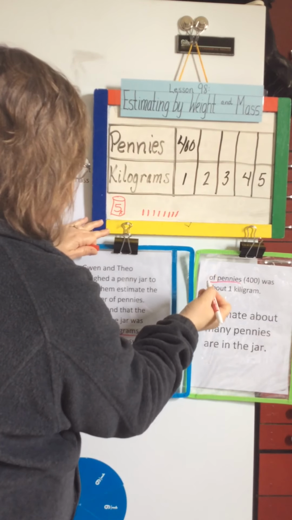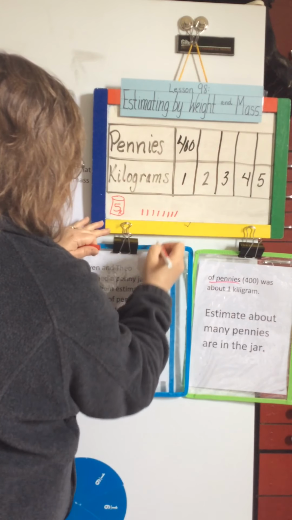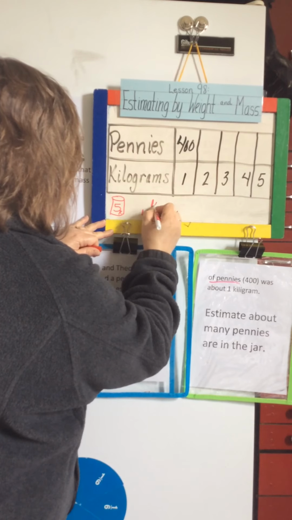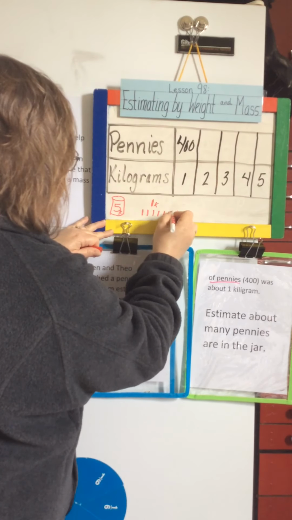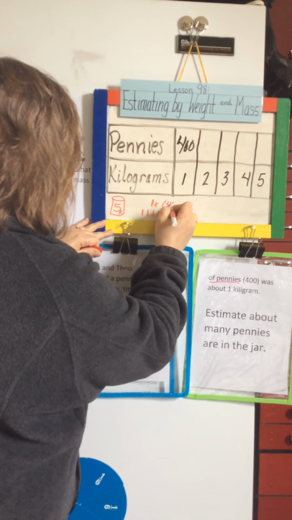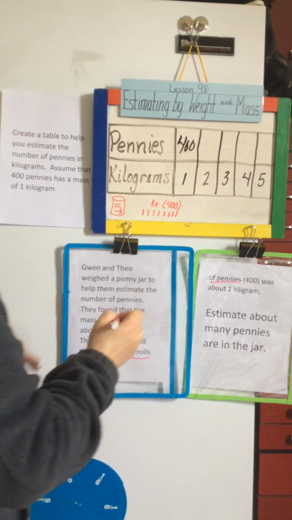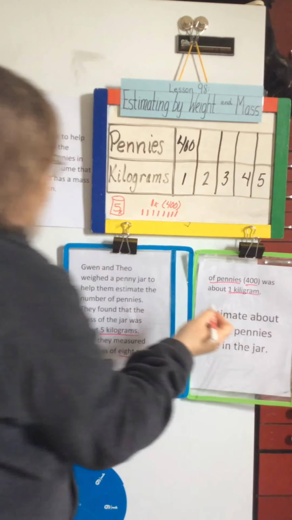There's 8 rolls of pennies. 400 pennies, about 1 kilogram. So this was only 1K. This was 5Ks, this jar. And all these rolls were 1K, which was actually 400 pennies. 400 pennies, 1K, right?